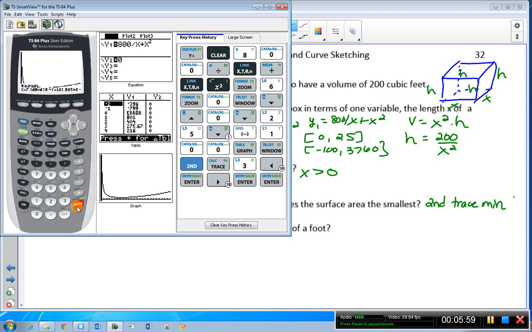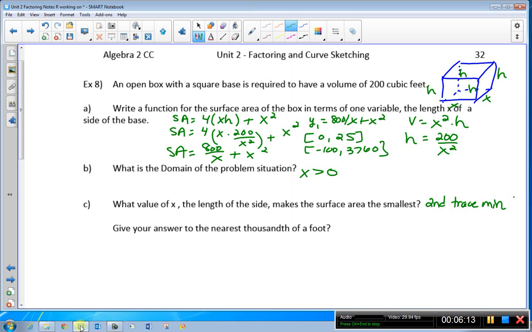So my minimum is 7.368 with a surface area, what that will be minimized to, 162.865. So my coordinate for the min was 7.368, comma, 162.865.